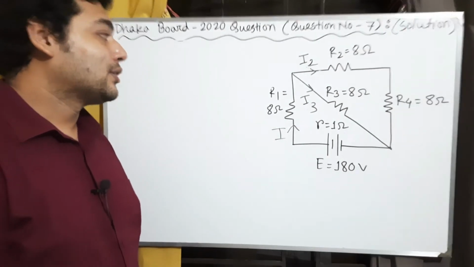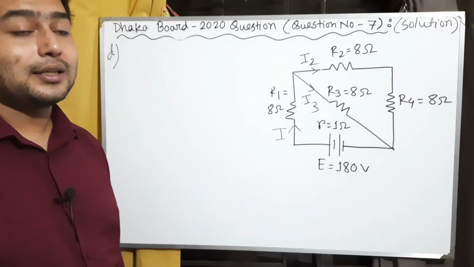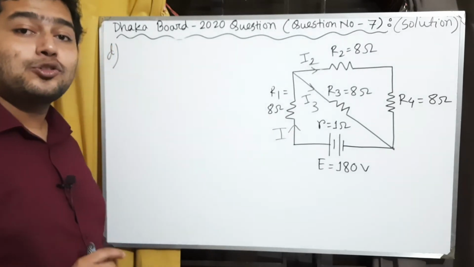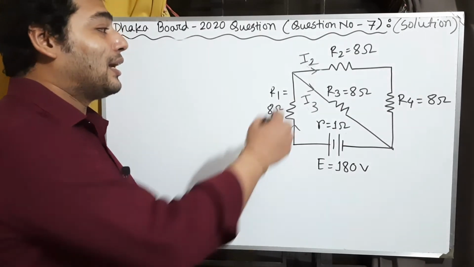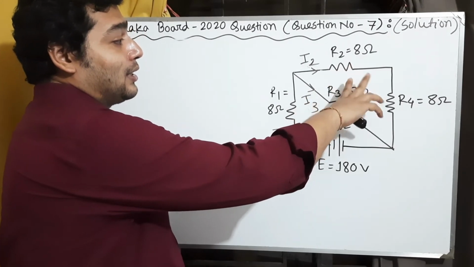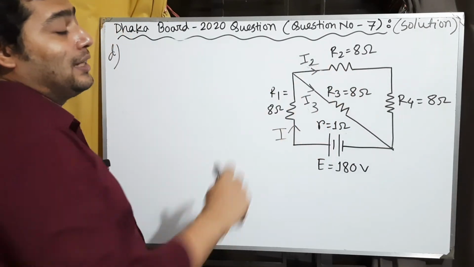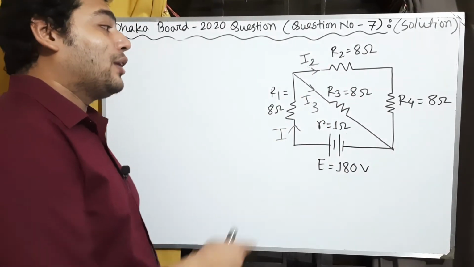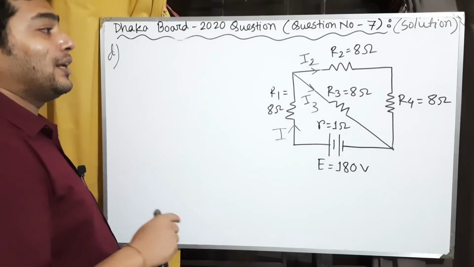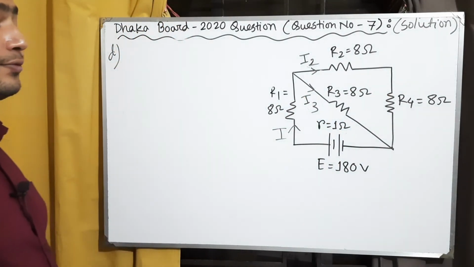So firstly we need to determine the I2 and I3 currents. The current is divided into two parts, so the equivalent of these two resistances is in parallel with R3.